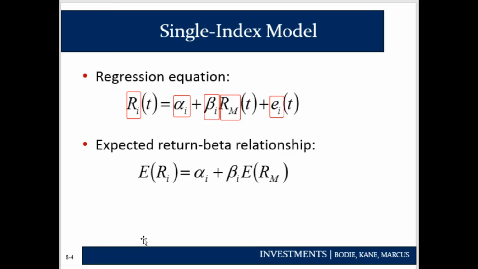If you take the error component out, the entire equation would be in expectations, which is what we have here.